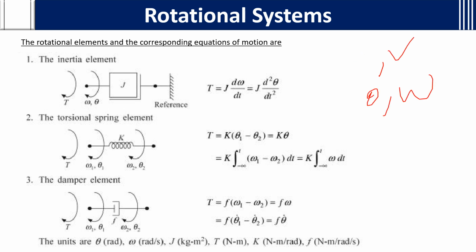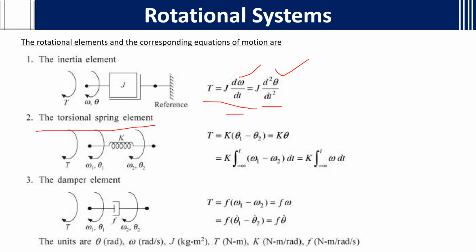That is the only difference, so you need to observe the differences. With the reference point, we can write T equals J d omega by dt in terms of angular velocity, and in terms of displacement, J d square theta by dt square. There we wrote the equation in terms of velocity and displacement; here we write it in terms of angular displacement and angular velocity.